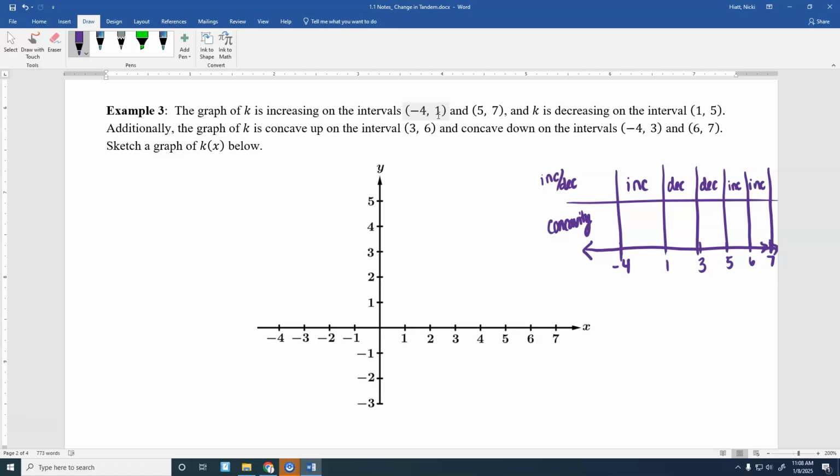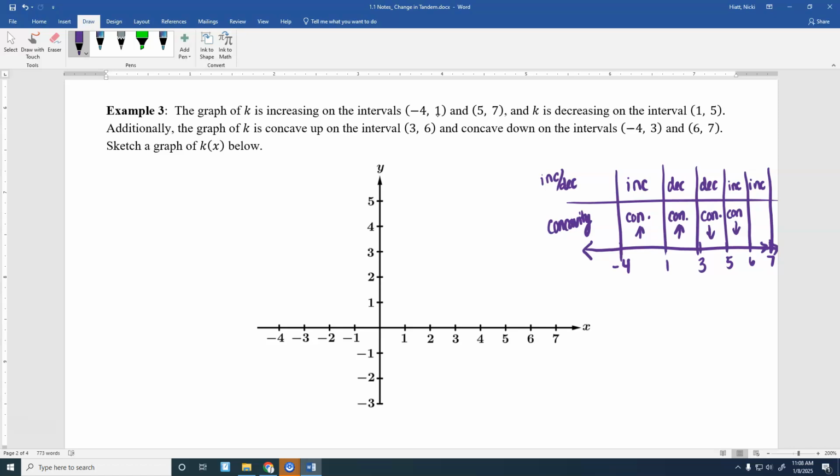And then for concavity, I've got from 3 to 6, it's concave down. So I'm going to put concave down. And -4 to 3, I'm going to be concave up. And then from 6 to 7, also concave.